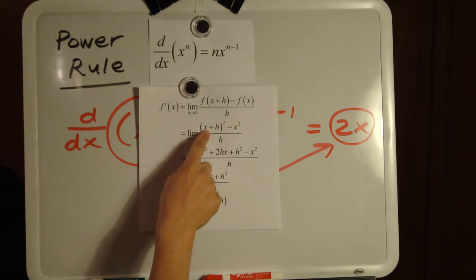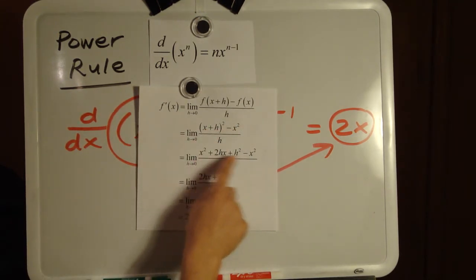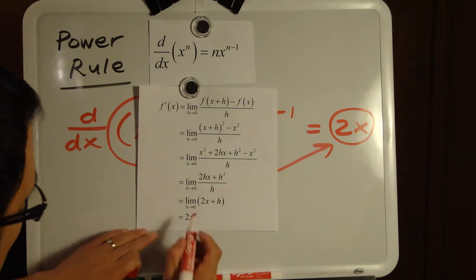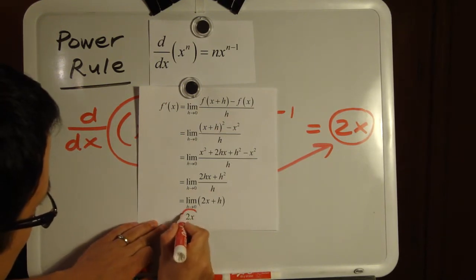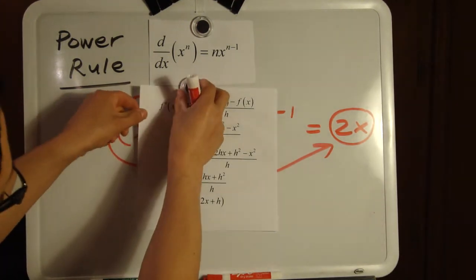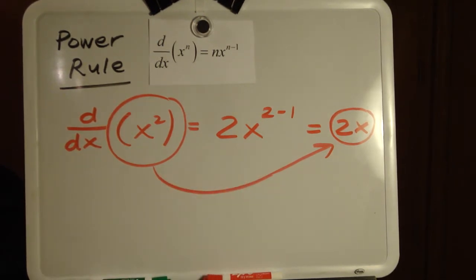And so we use the squaring function twice here. We multiply all of this out, we cancel out some factors, and then we divide an h out top and bottom. And then you can see at the very end of the work, as h goes to 0, here is f prime, the derivative. So this is the long way of verifying it, but the important thing to take from the power rule is this is a nice little shortcut for all of that work.